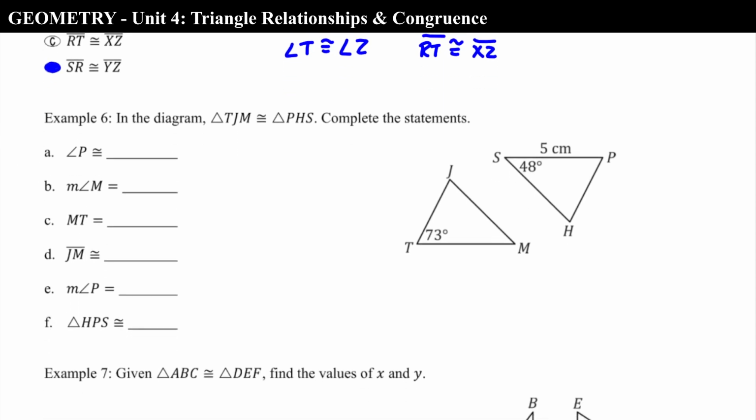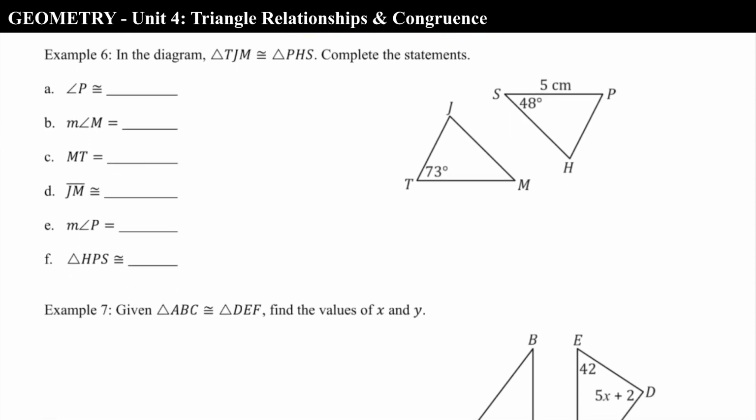All right, let's take a look at example 6. In the diagram, triangle TJM is congruent to triangle PHS. So we're going to complete the statements here. So if this is the case, we know that angle T is going to be congruent to angle P. So this one must be 73 degrees here.